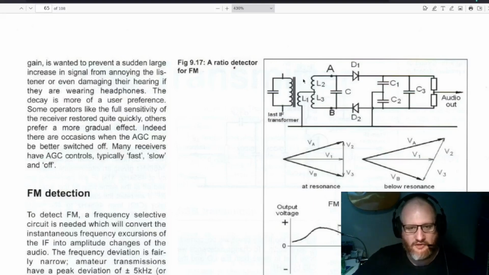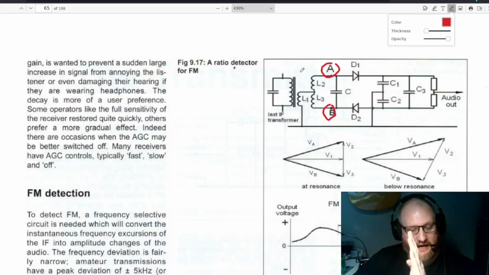When this tuned circuit is resonating, what we should see is the voltage at A and the voltage at B should be equal. And with FM, you have a carrier, and that carrier deviates from where it normally is as it's modulated, because we're modulating the frequency.